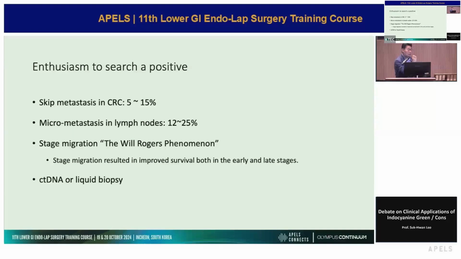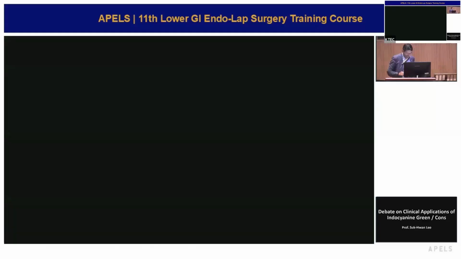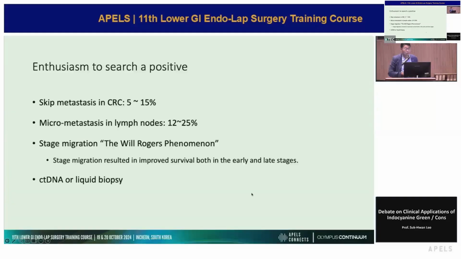And this micrometastasis may be controlled by our immune system, or the micrometastases may be very responsive to chemotherapy. So the result improves after we deal with the micrometastasis.